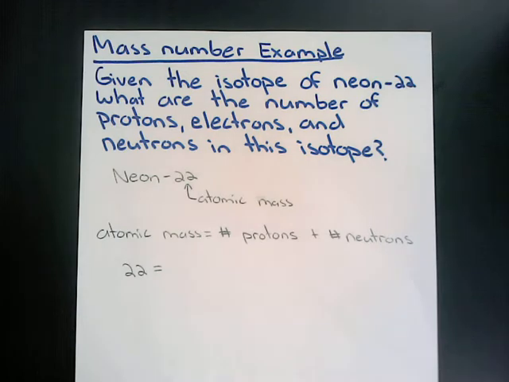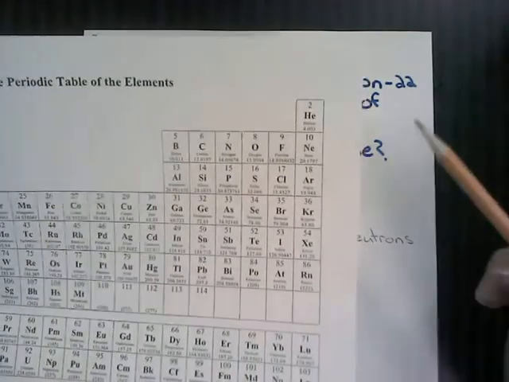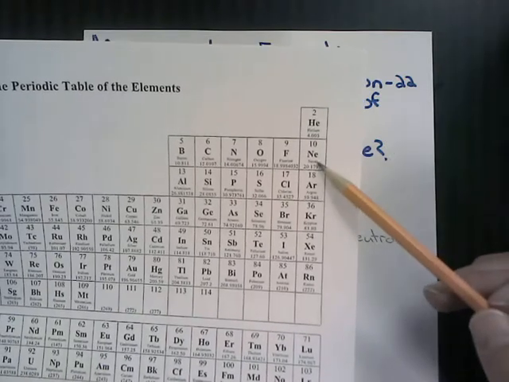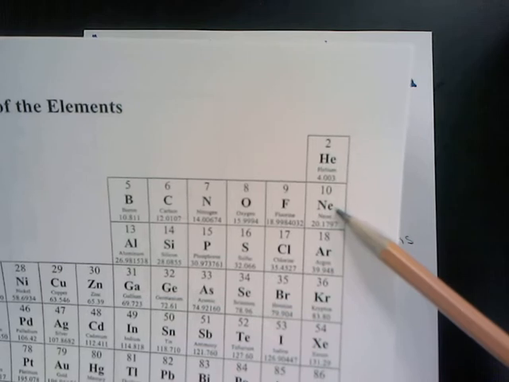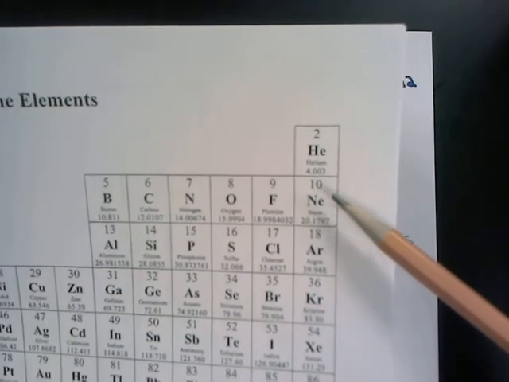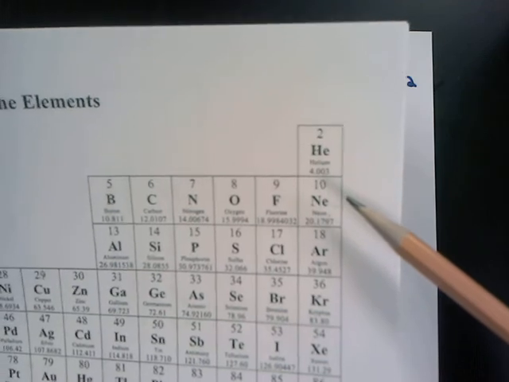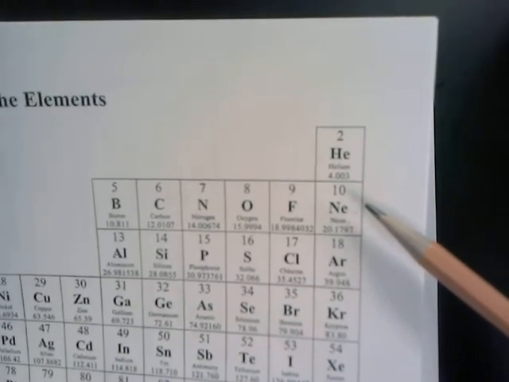Notice how the problem never says anything about protons, and that's because it's right here on the periodic table. If you find neon, which is right here, Ne is the symbol, and above it is this whole number, which is the atomic number, and that number is equal to the number of protons.